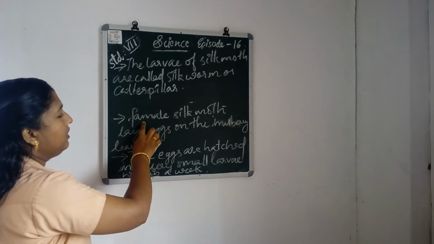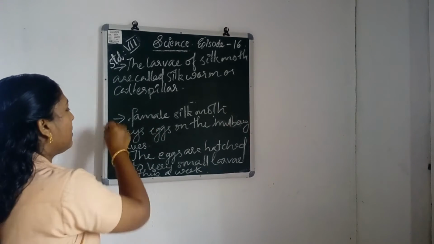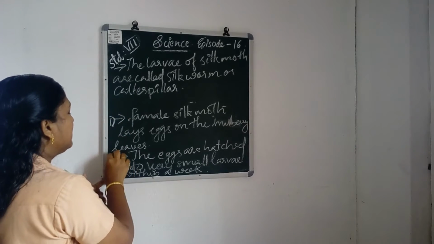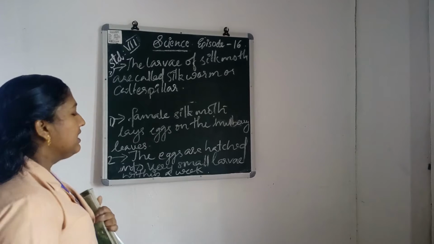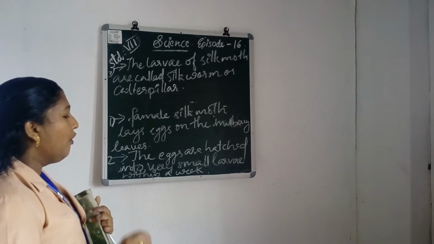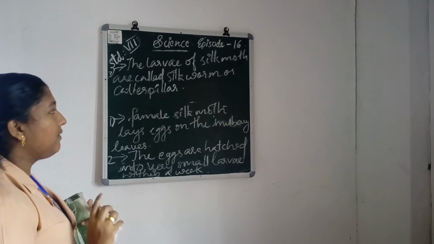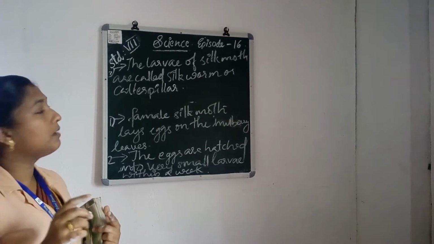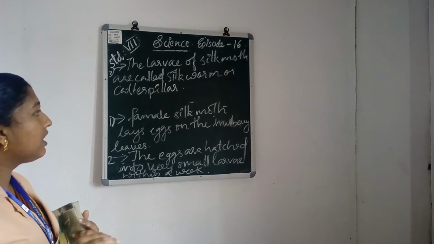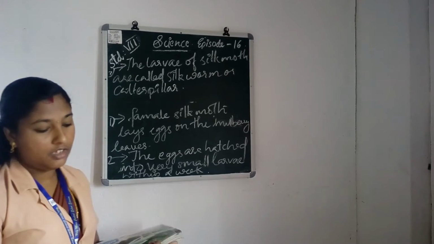First of all, the female silk moth lays eggs on the mulberry leaves. Then the eggs are hatched into very small larvae within a week. Next step, the larvae of silk moth are called the silkworm or caterpillar.